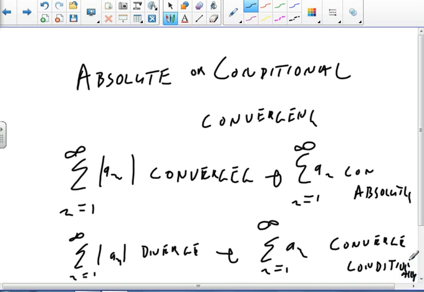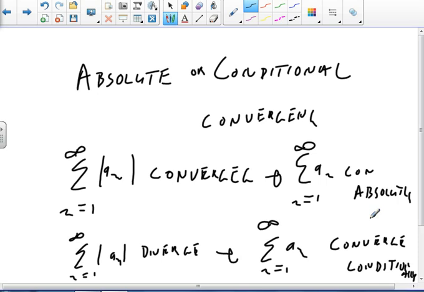So the plus and minus is required for this one to converge. It's not required for the other one to converge. So converges absolutely, I don't have to have plus or minus. Converges conditionally, the plus or minus has to be there in order for it to be true.